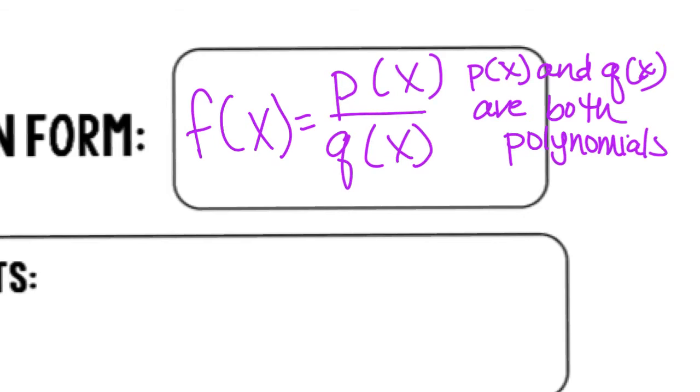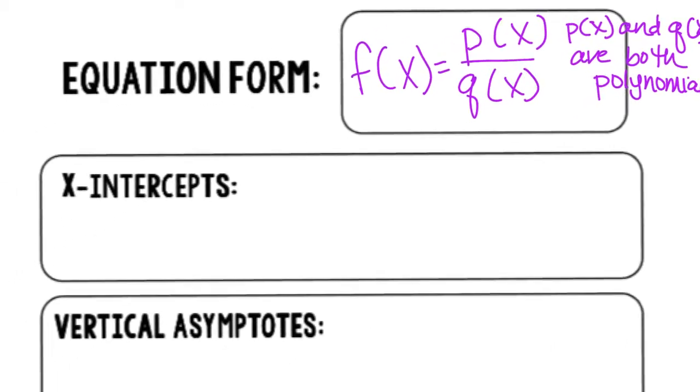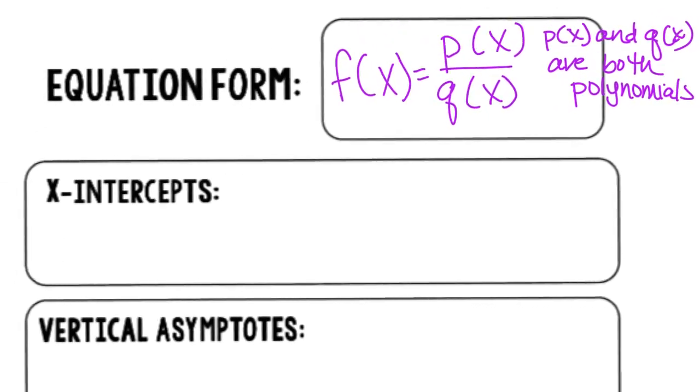But notice that p of x is the numerator and q of x is the denominator. So we have a bunch of different things that we can find in a rational function.